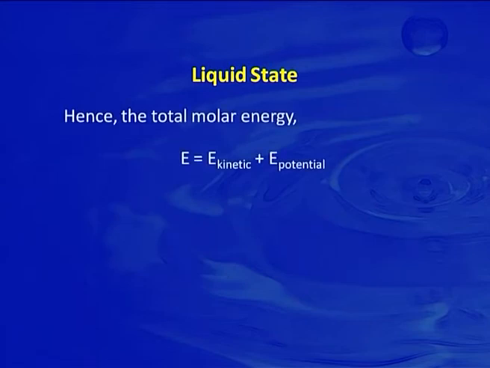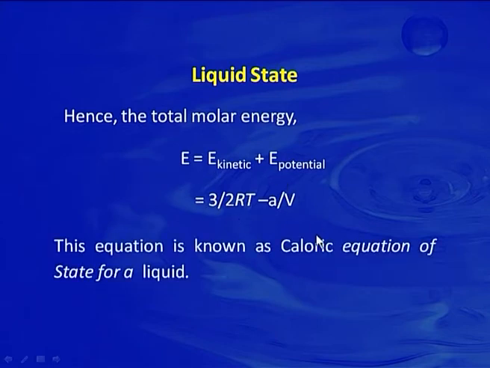Hence, the total molar energy is E equal to E kinetic plus E potential, that is equal to 3 by 2 RT minus a upon capital V. This equation is known as the caloric equation of state for a liquid.